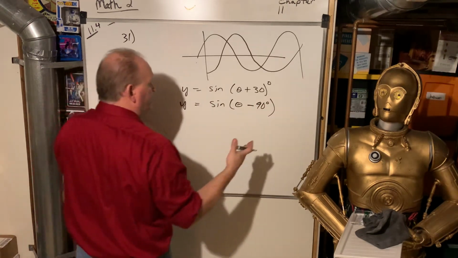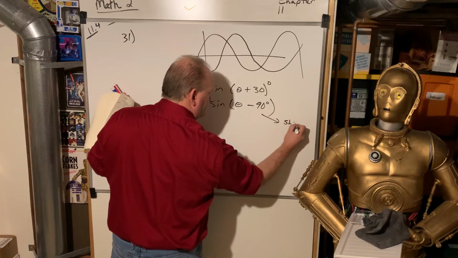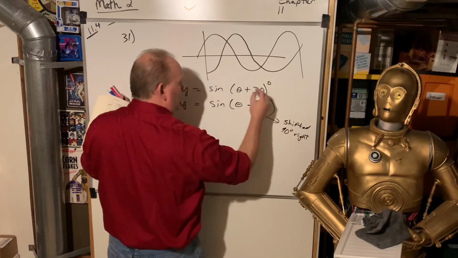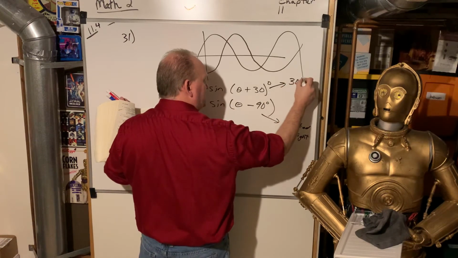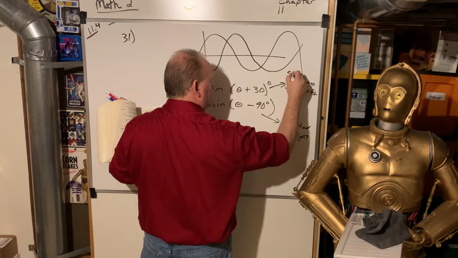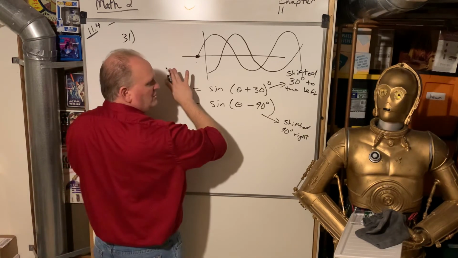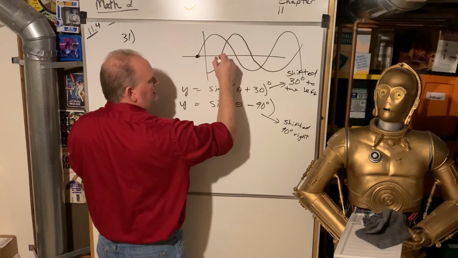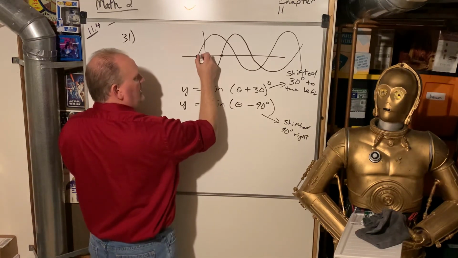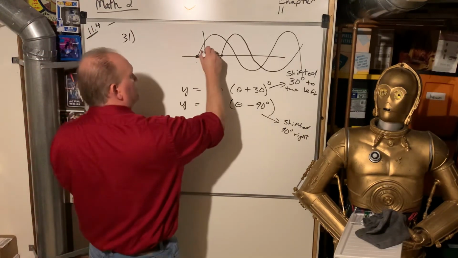And so you got one shifted 90 degrees to the right, and you got one shifted 30 degrees to the left. So one of them got pulled this way 30 degrees, one of them got pushed that way 90 degrees. Where does that go? Right here. And so there's a grand total difference of 120 degrees.